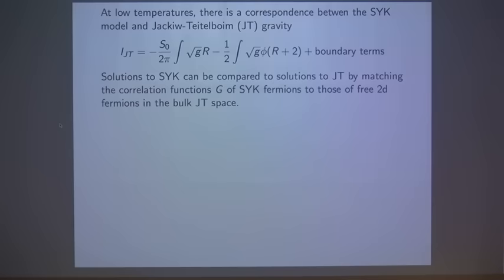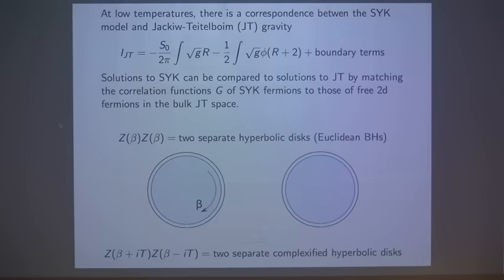So an example of how this works, if we just study a simple quantity like the thermal partition function in SYK, and it's useful to discuss actually a product of two copies of the thermal partition function, Z of beta times Z of beta, then the fermion correlation functions, G, that represent the saddle point for that quantity, are in correspondence at low temperature to the correlators of fermions on two separate hyperbolic disks.